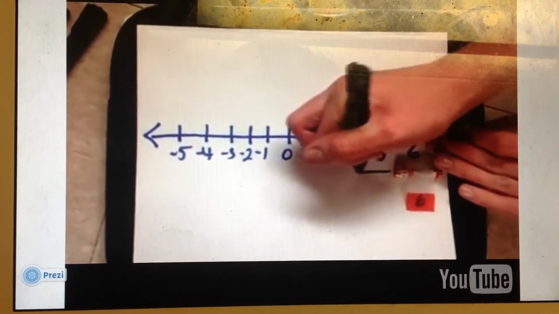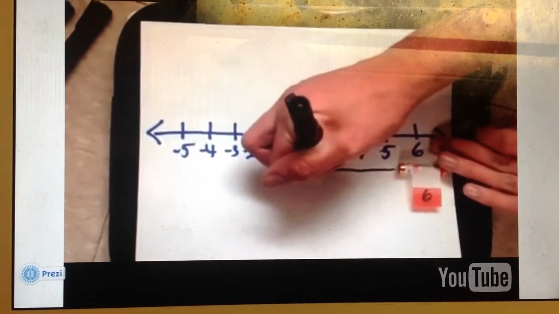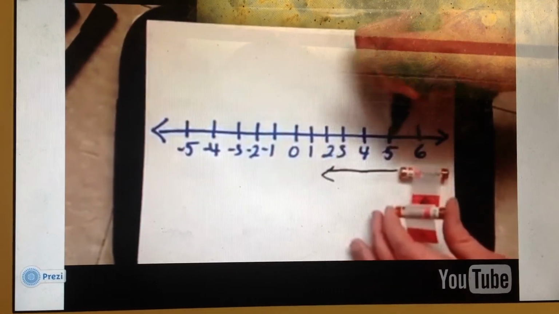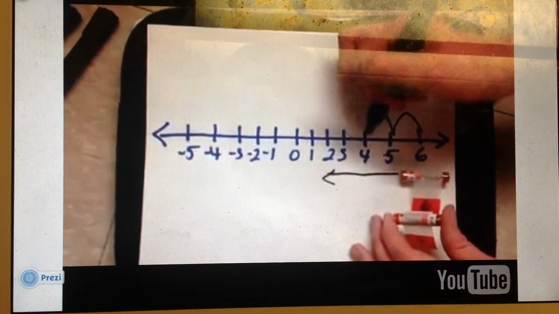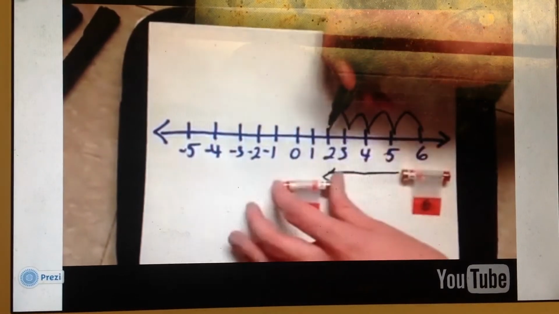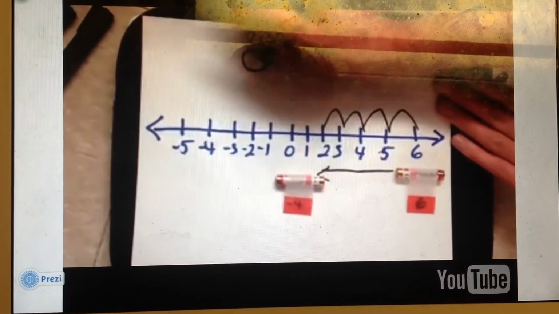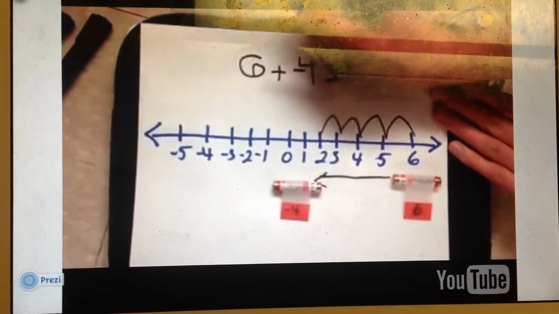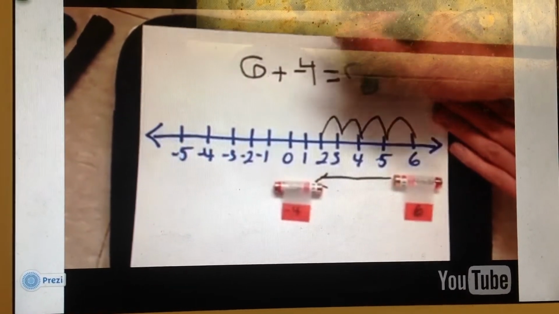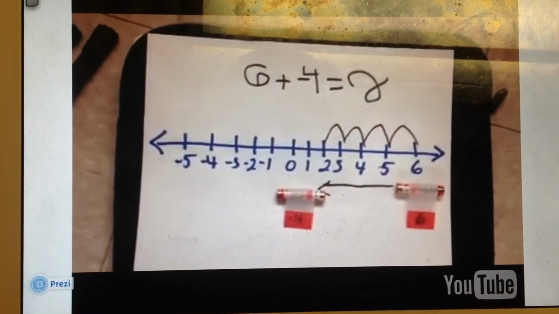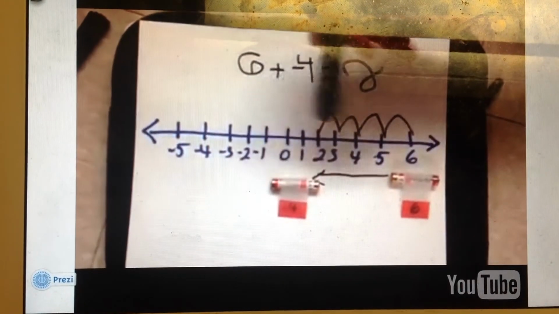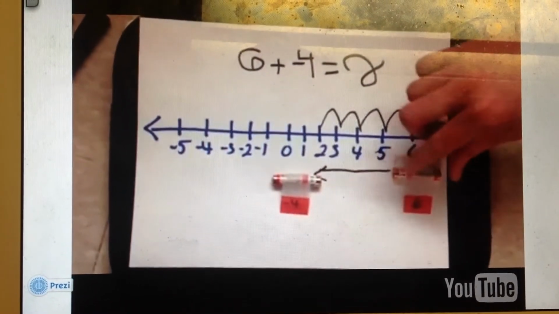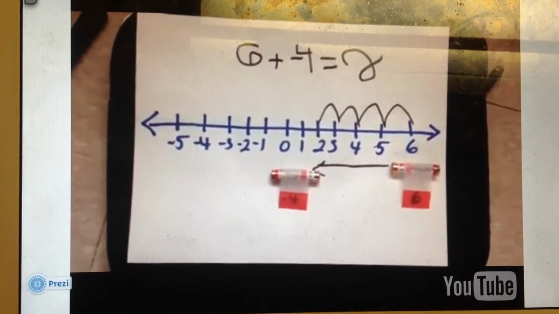So 5, 4, 3, 2, and that'll show -4 because it's 1, 2, 3, 4, -4. So 6 plus -4 equals 2. And this represents adding and subtracting of rational numbers on a number line and using the different charges and batteries to show that as well.